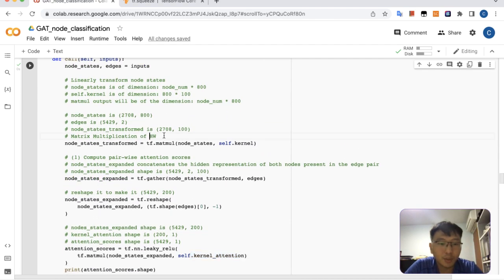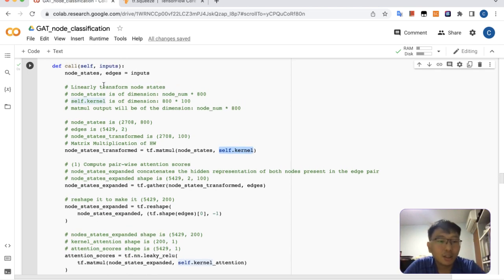And same thing when we do the transformation of our states, we also learn this kernel here, which linearly transforms the node states to a hidden representation of size 100. So the output here is num times 100.